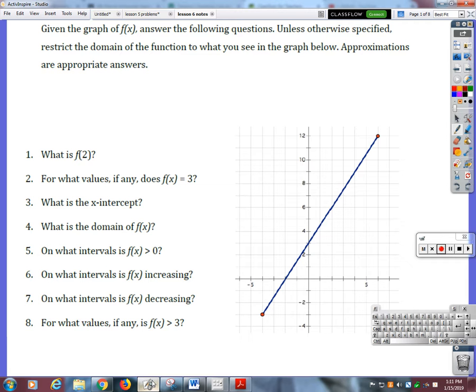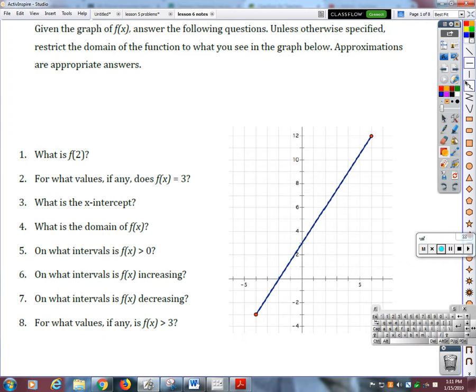Talia? Yes. So, Jaron, what Talia said is absolutely correct. What this question is really saying is if you go to 2 on the x line and then go up to the graph, where do you hit the graph? Yes, McKenna, that is correct. I'm waiting on Jaron.